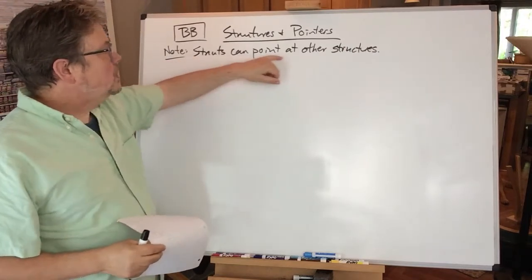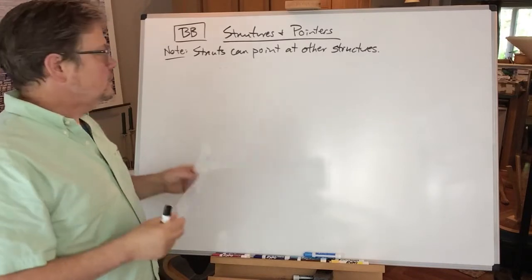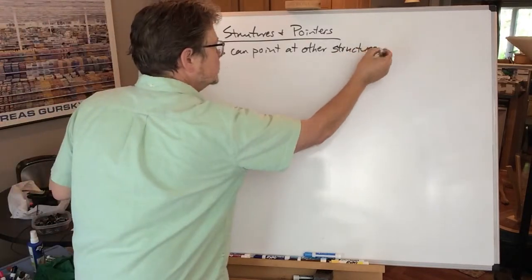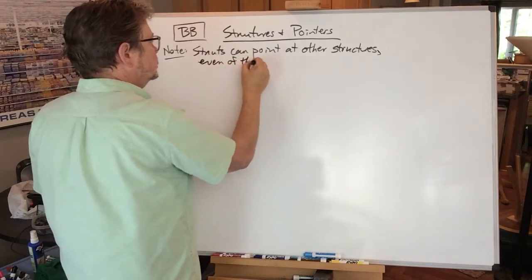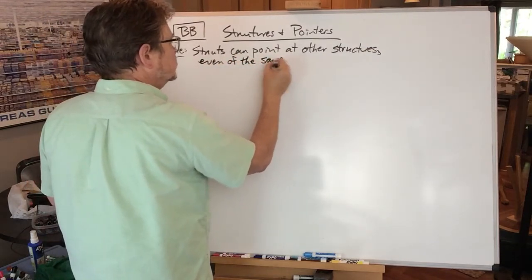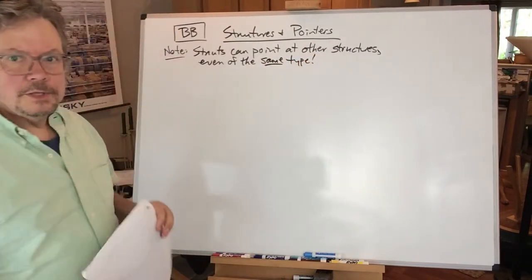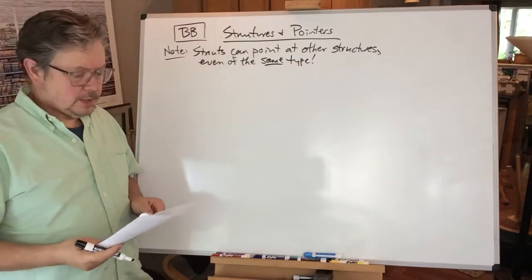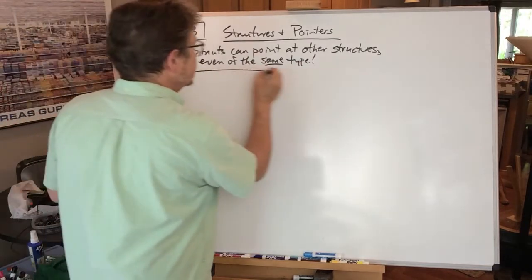Structs can point at other structures, even of the same type. And since that's a surprise, I put an exclamation point. And we'll look at some examples. That note is in the way now.